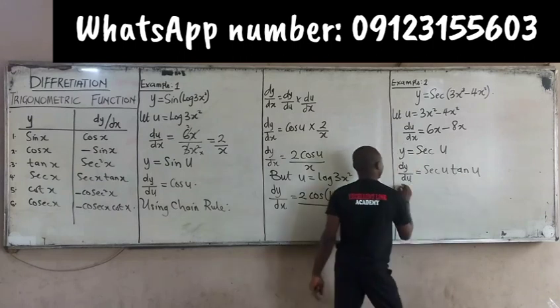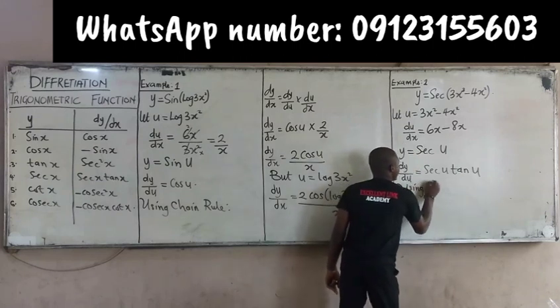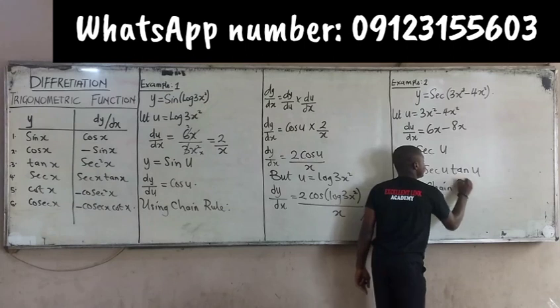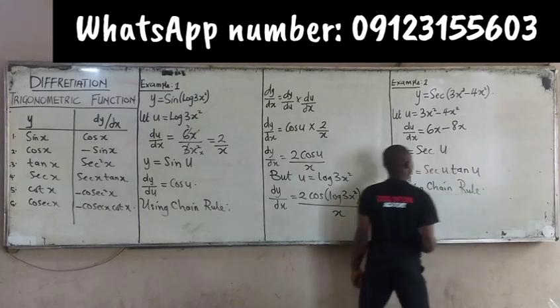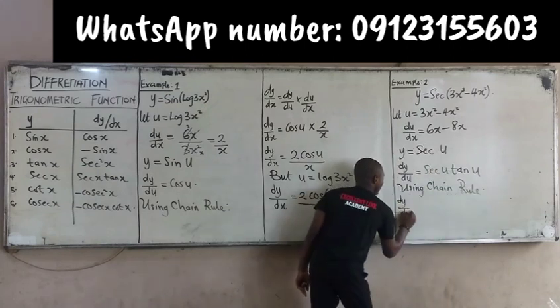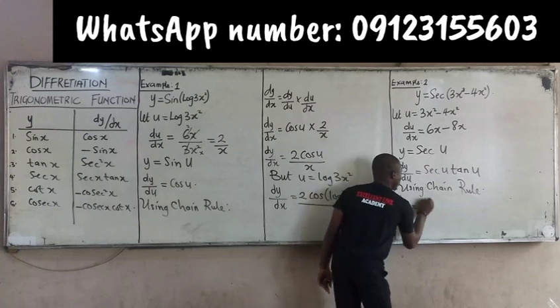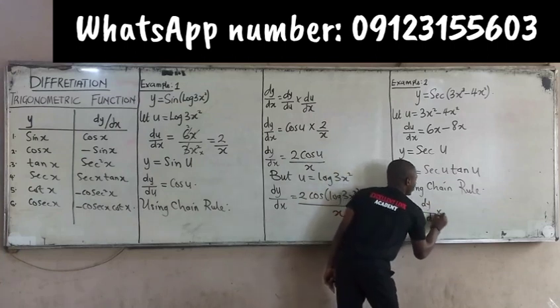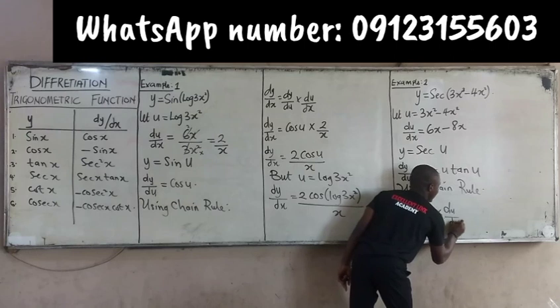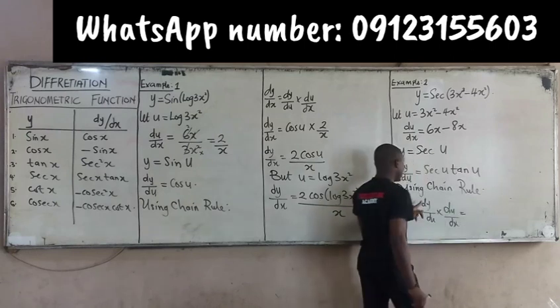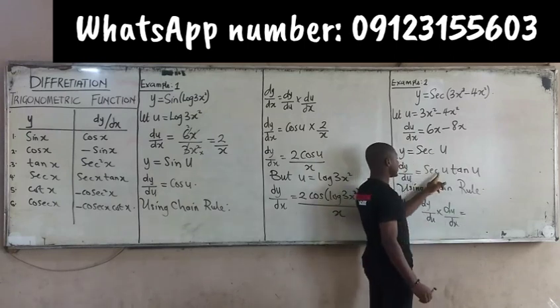At this point, using chain rule, I have that dy over dx is equal to dy over du times du over dx. Similarly, dy over du is sec u tan u.